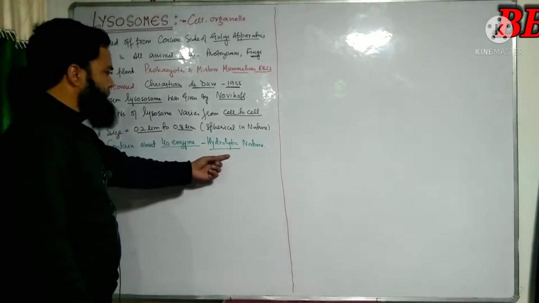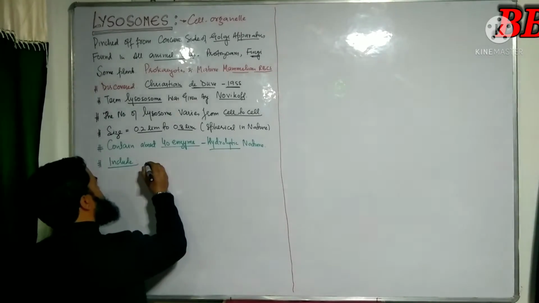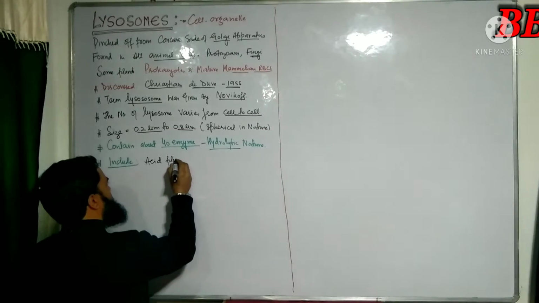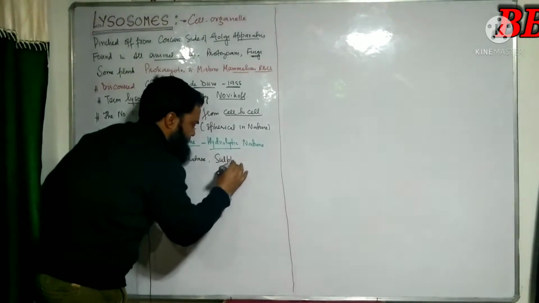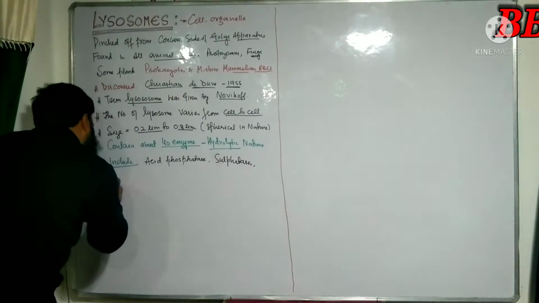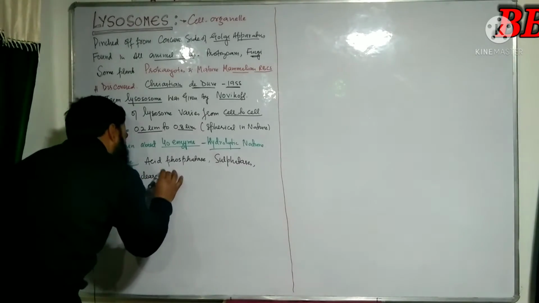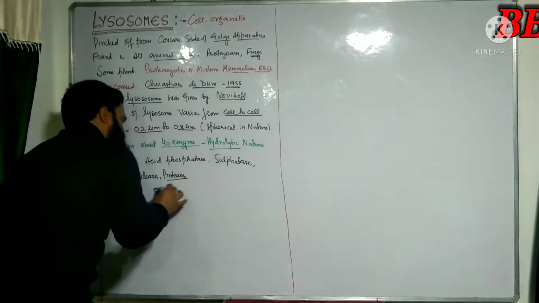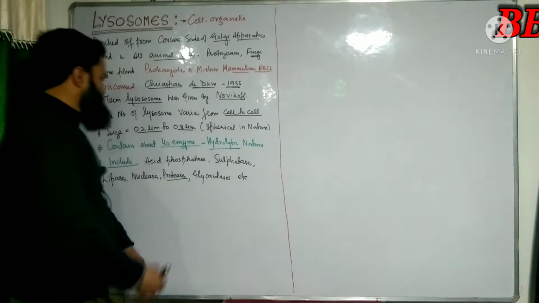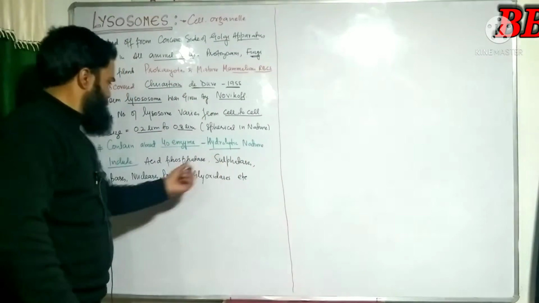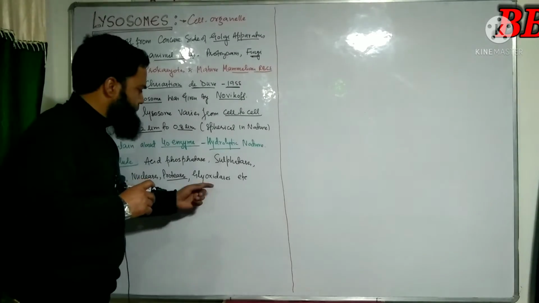These enzymes include acid phosphatases, sulfatases, lipases, nucleases, proteases, etc. The enzymes which have hydrolytic nature are in the form of acid phosphatase, sulfatase, lipase, nuclease, proteases, and glycosidases.